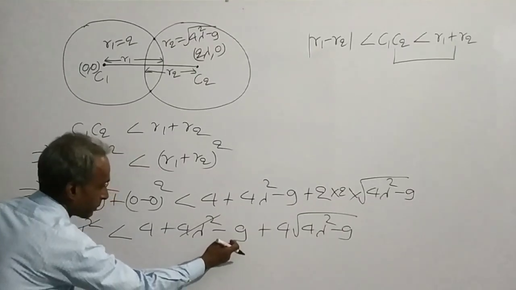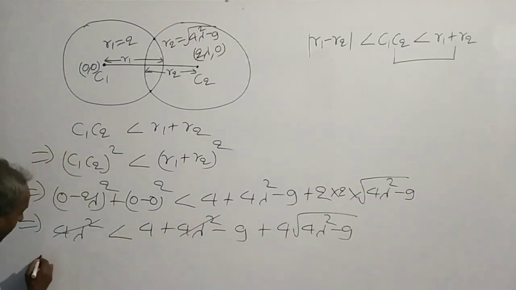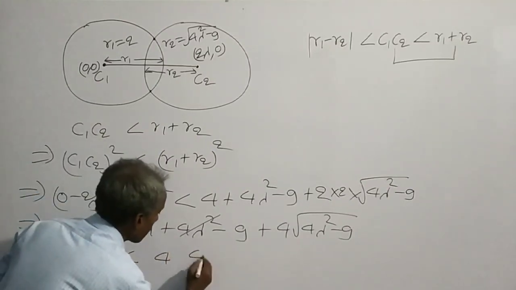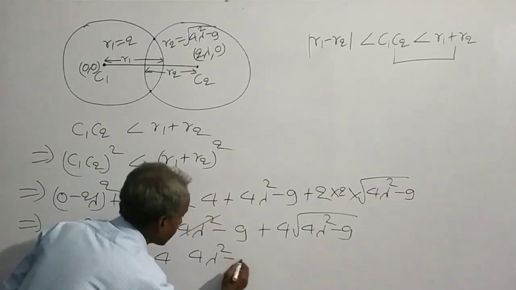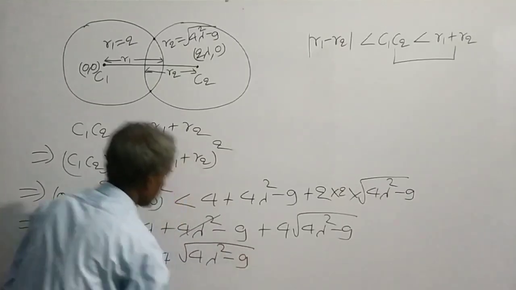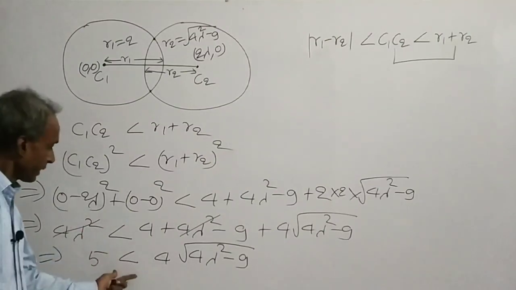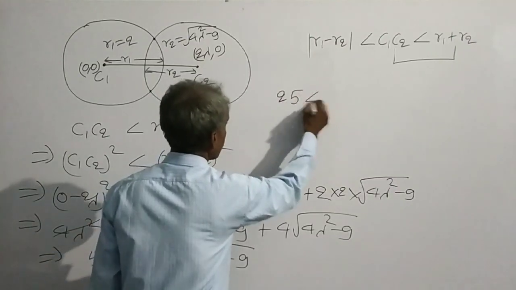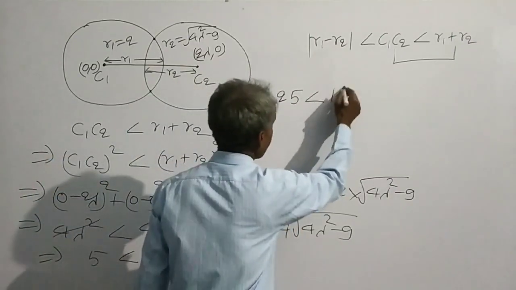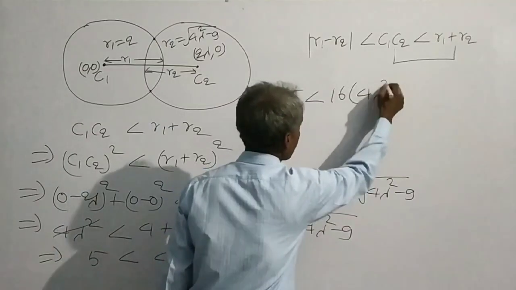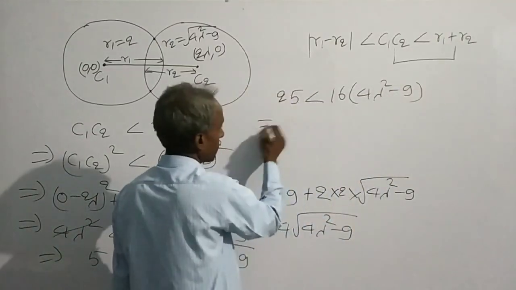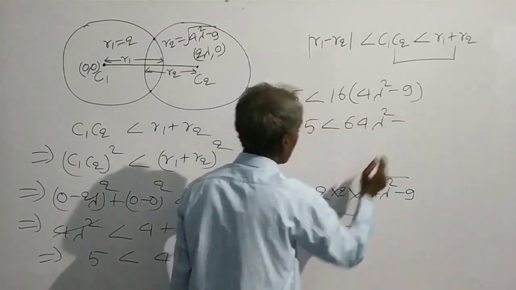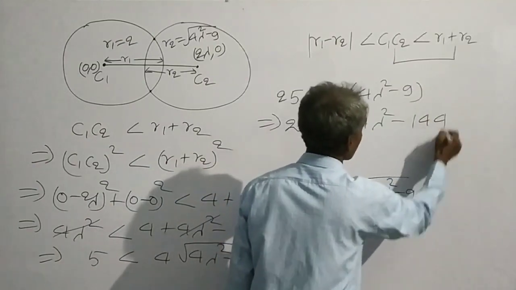When minus 5 is shifted to the left hand side, we get 5 is less than 4 root under 4 lambda square minus 9. Squaring both sides, we get 25 less than 16 times 4 lambda square minus 9. This implies 25 less than 64 lambda square minus 144.